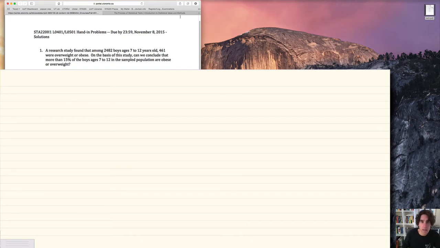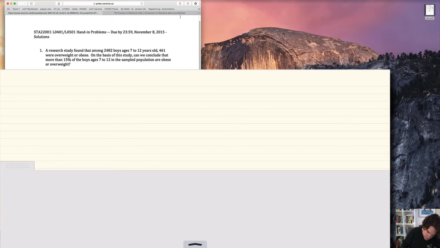Well, the null hypothesis in this case is that P is equal to 0.15. The alternative, the claim in this case, is that P is greater than 0.15.